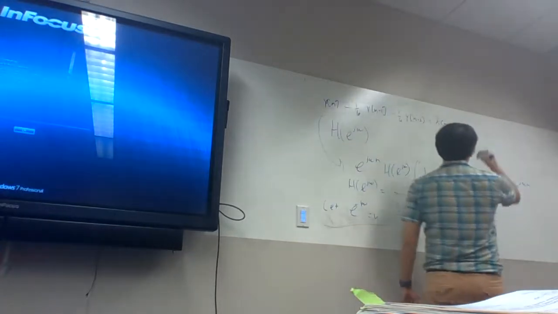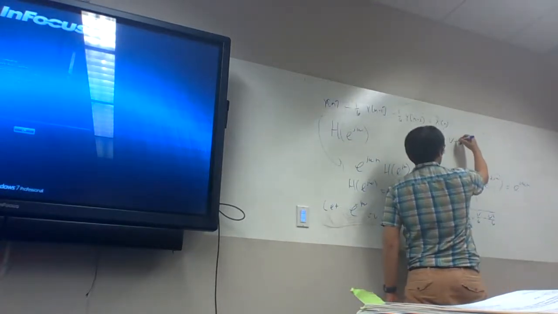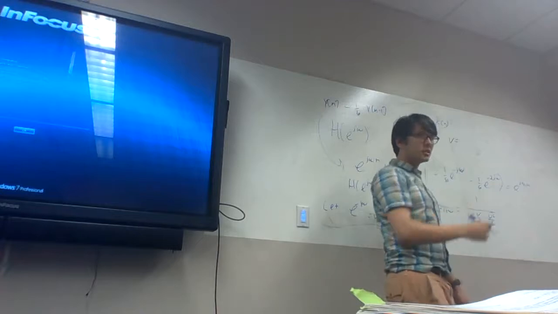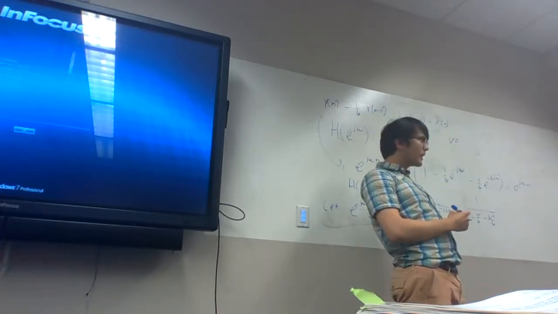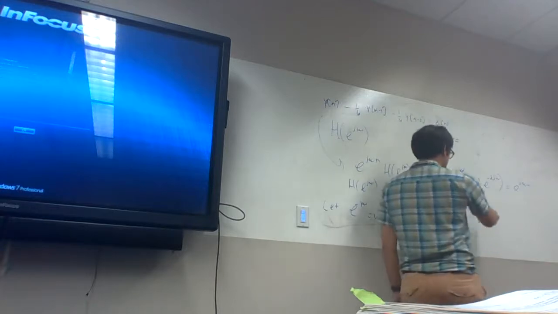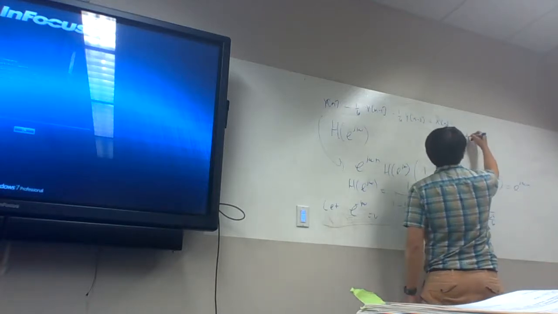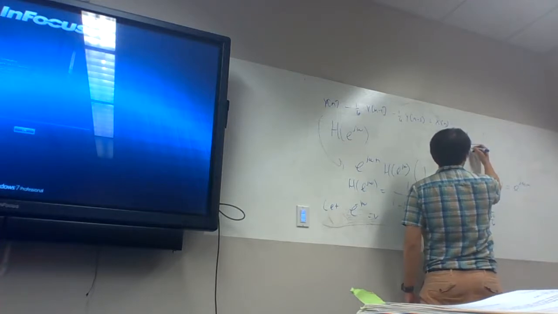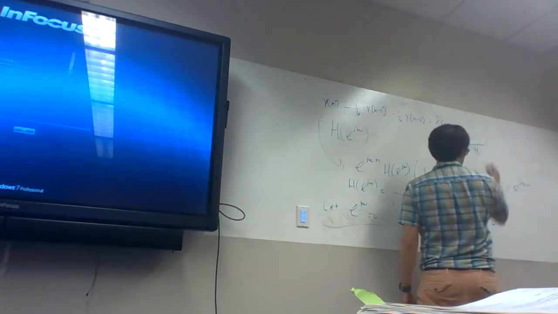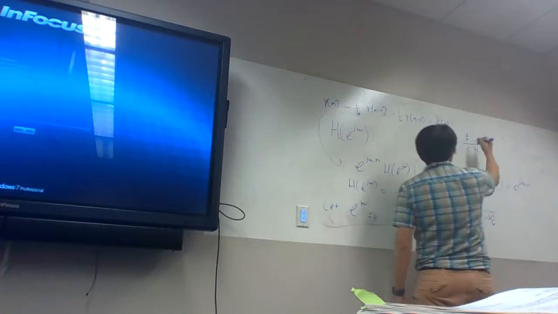It's negative b over 2a plus or minus the square root of b squared minus 4ac. That's the quadratic formula. So negative b is 1/6 over 2a, so it's negative 1/3, because 2a is that thing.